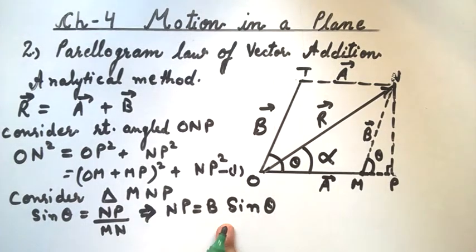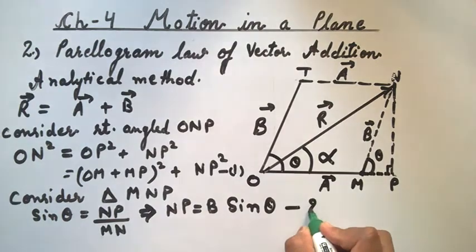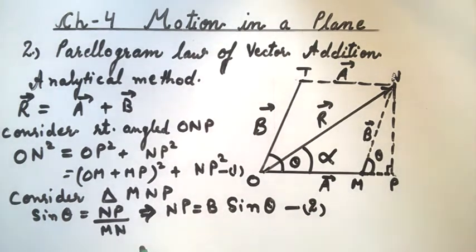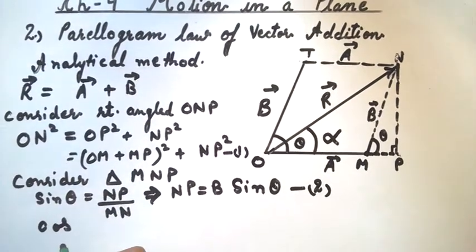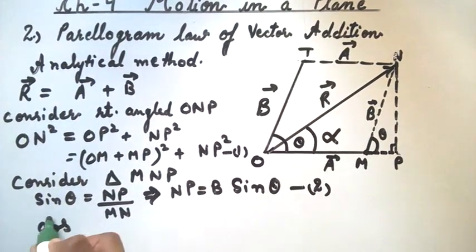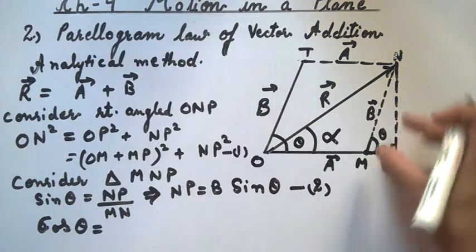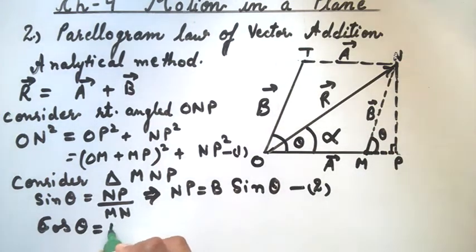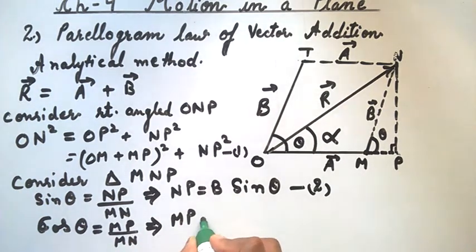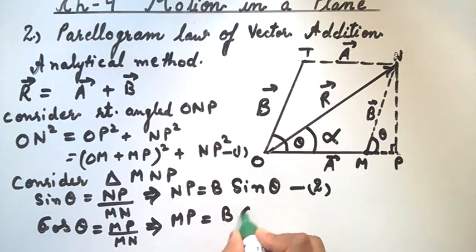NP equals B sin theta. Give it equation number 2. Similarly, in triangle MNP, cos theta is equal to base by hypotenuse, that is MP by MN, which implies MP equals MN, that is B cos theta.